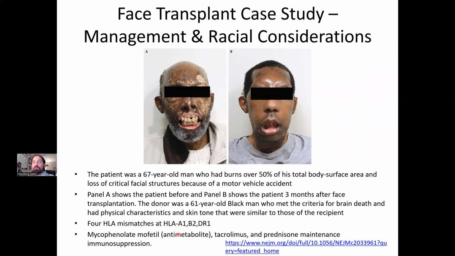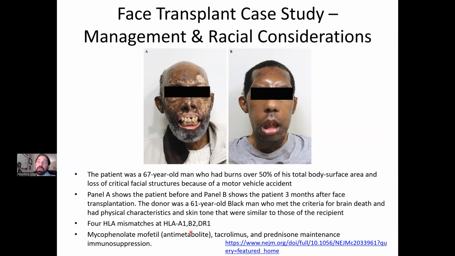For this patient, he was prescribed CellCept, mycophenolate, an anti-metabolite, tacrolimus, again being our calcineurin inhibitor, and prednisone being a steroid, as maintenance immunosuppression.